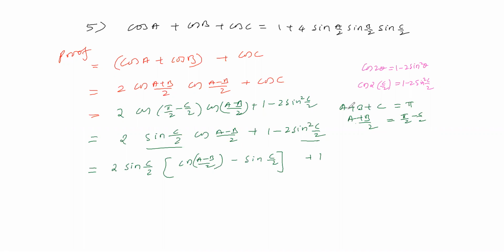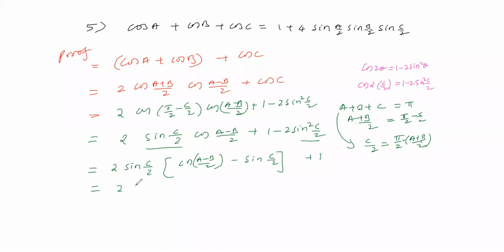We know from this formula, by dividing by 2, or otherwise, that C/2 is equal to pi/2 minus (A+B)/2. So in the C/2 place we can substitute pi/2 minus (A+B)/2.